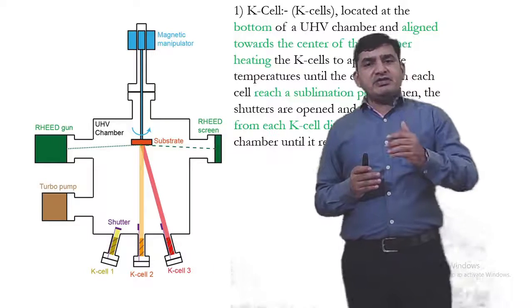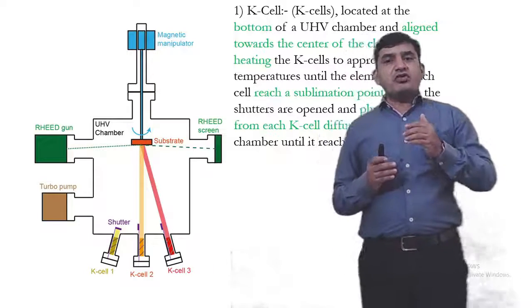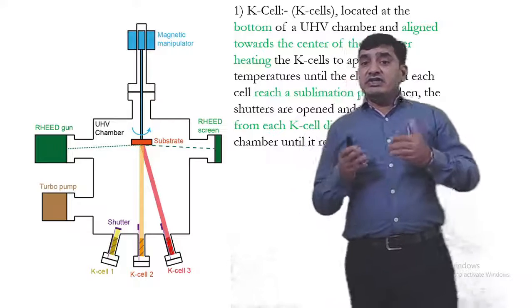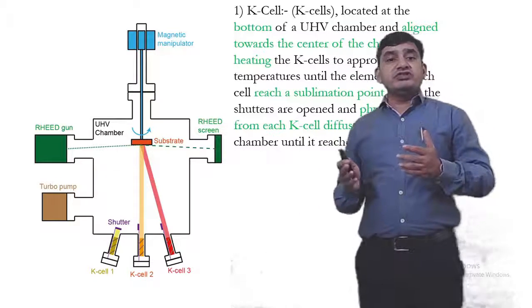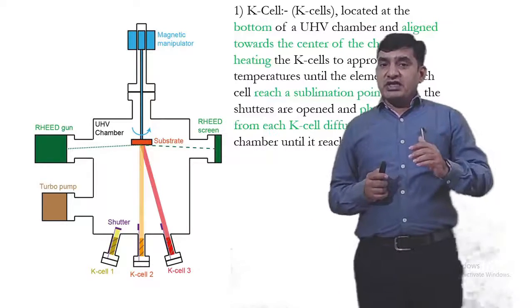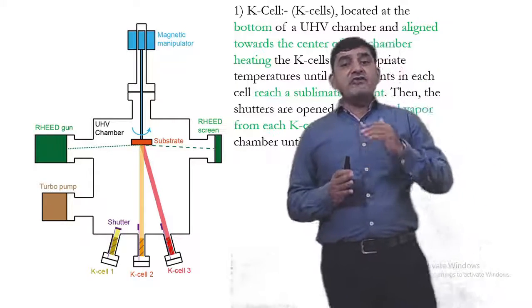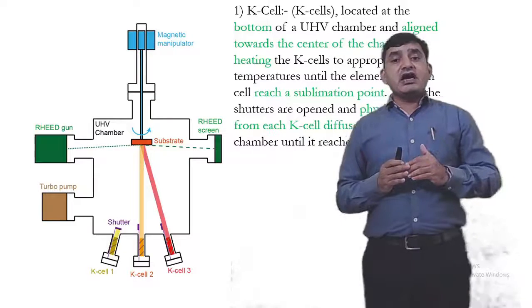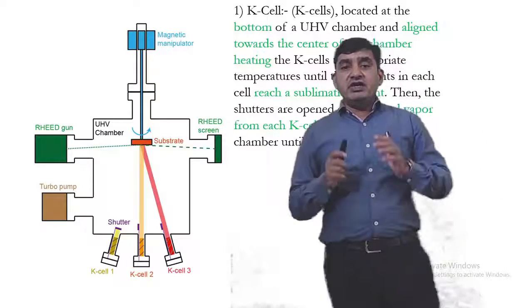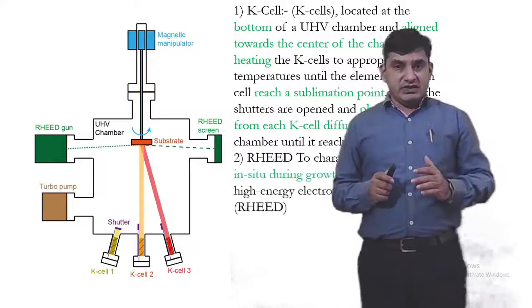At the sublimation point, the shutters open and physical vapor from the K cell diffuses through the chamber until it reaches the substrate. That is, the physical vapors from the K cells go toward the substrate and are deposited over it.